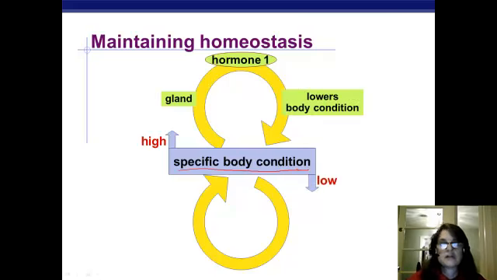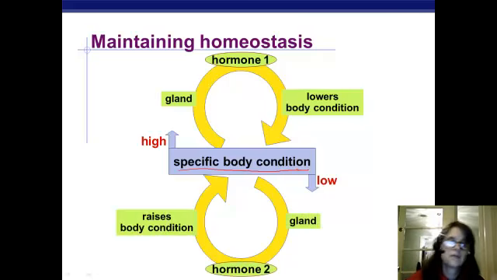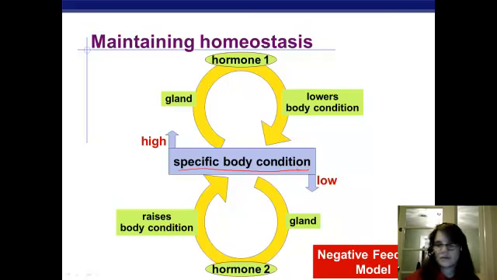But suppose we start to go too low, then some gland will produce a hormone that will raise that body condition. But if it gets too high, we will start to go through the cycle again. This is called negative feedback. You should know what that phrase implies.